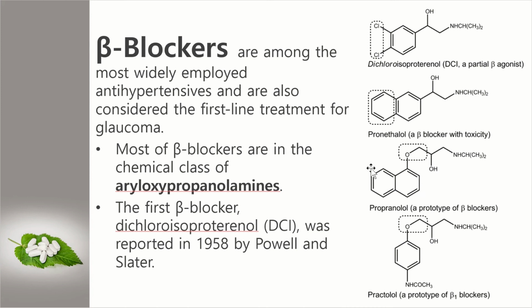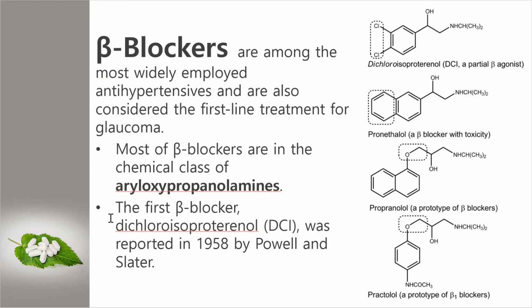We have our aryl portion, our oxy portion, and our propanol, so we have 3 carbons here and a hydroxyl group, and we have our amine portion. So as it said here, most of the beta blockers are in the class of aryl oxypropanol amine.